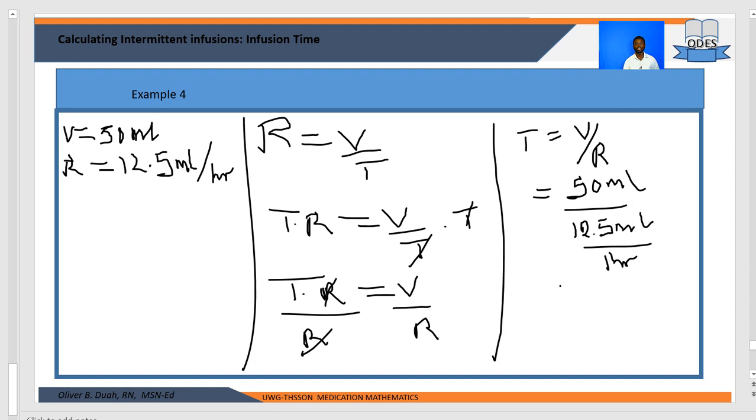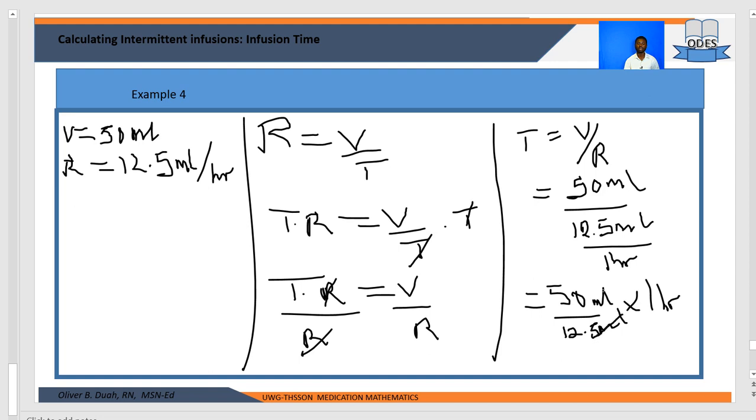Okay, so we are going to have 50 ml divided by 12.5 ml times 1 hour.